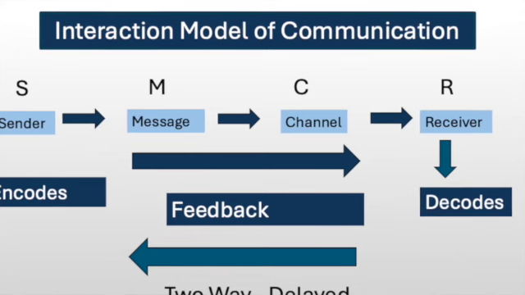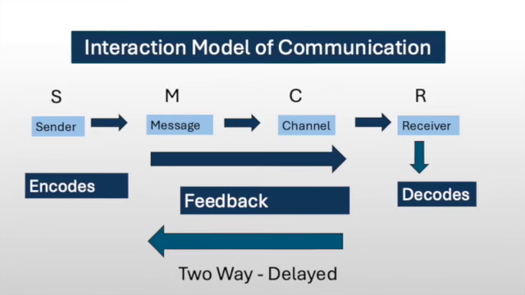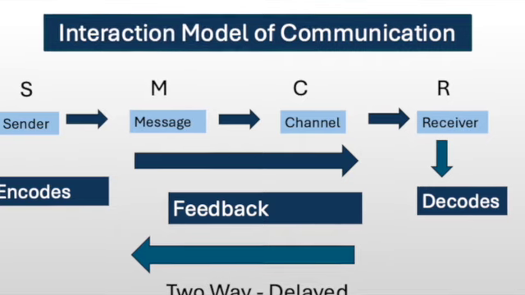We're not expecting a response immediately. We're putting that Facebook post out there, that Instagram message, and we are hoping for some type of response. So therefore, the receiver will decode the message and then they offer feedback.